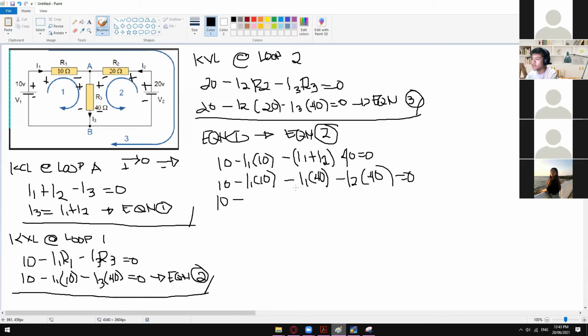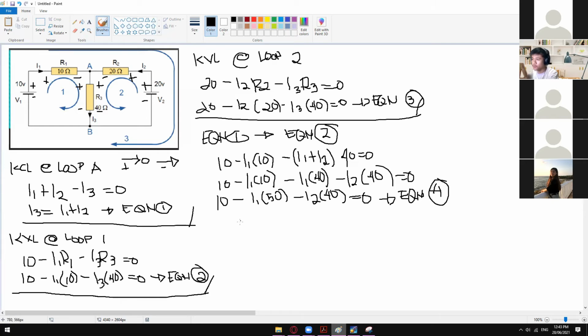So minus I1, and then we have minus I1 here. So negative 10 minus 40 is negative 50. I1 times 50 minus I2 times 40 is equal to 0. And then you can now say that this is your equation number 4, the newly formed equation number 2.